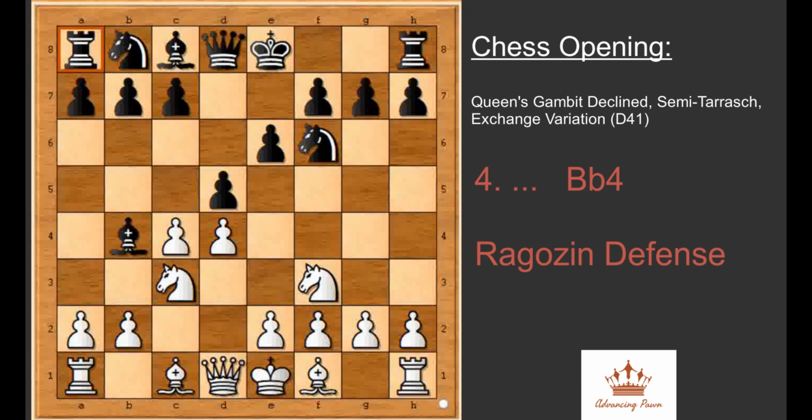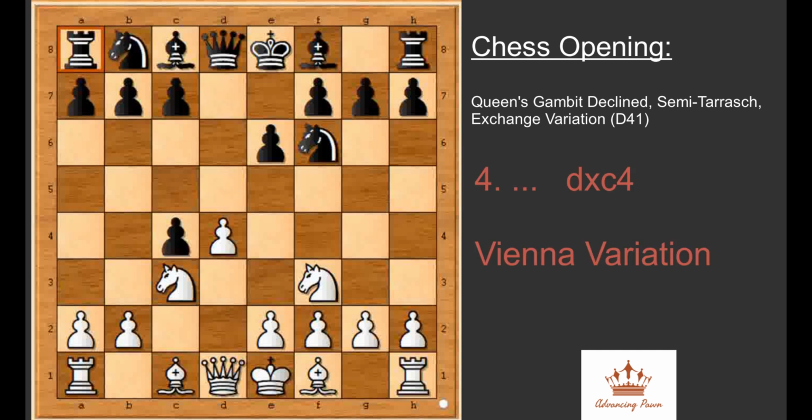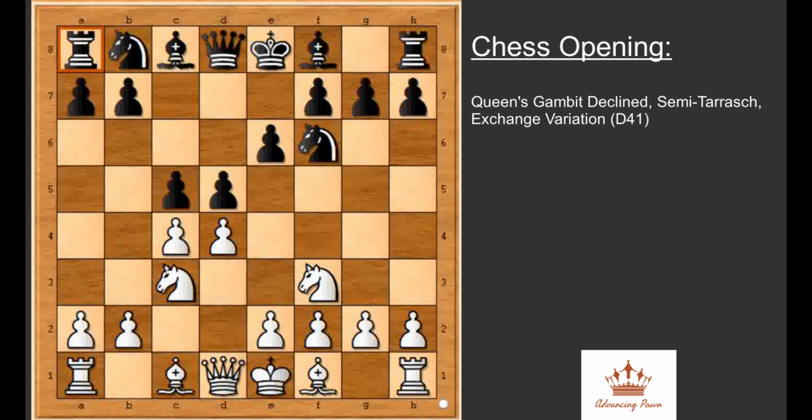In this continuation, it is called Ragozin Defense. Nbd7 is called Botvinnik-Bogoljubov variation. And dxc4 could also have been played. This is the Vienna Variation. Let's stick to what was played, which was c5. And now we are in Semi-Tarrasch Defense.